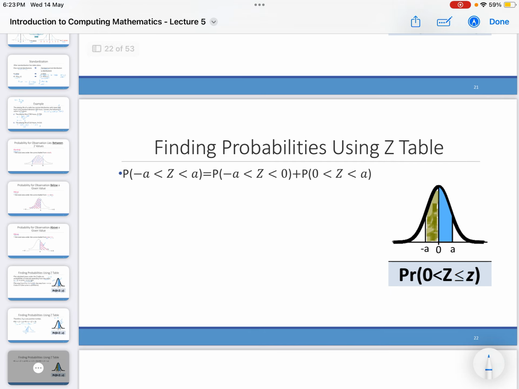Now let's say we want to find this probability, the probability of Z from minus A to A. It's actually these two regions, the yellow region and also the blue region. So this equals the probability of Z from negative A to 0, which is the yellow region, plus the probability of Z from 0 to A, which is the blue region. This one can be read from the table.